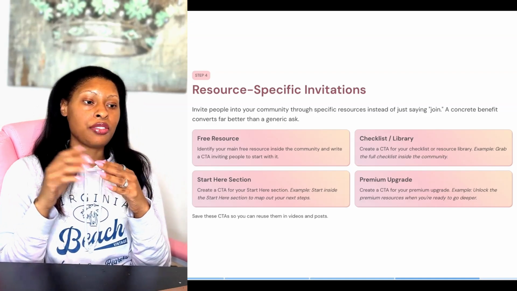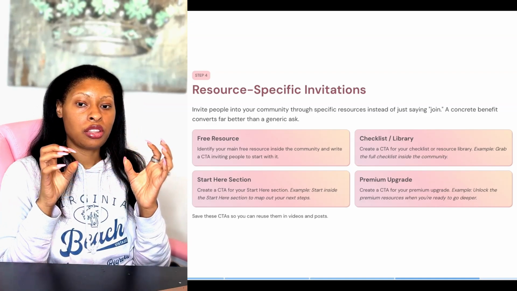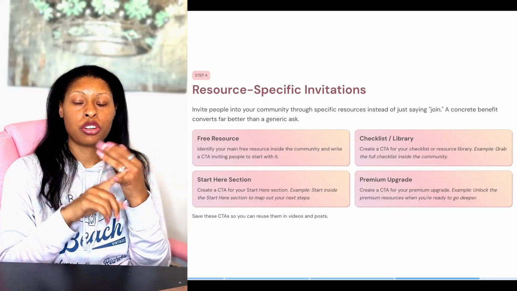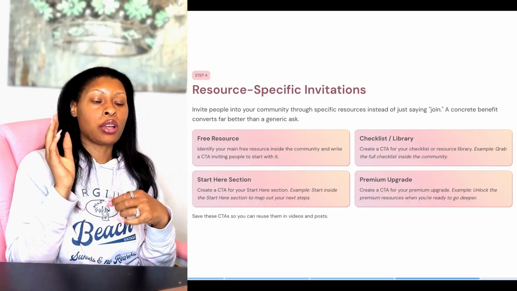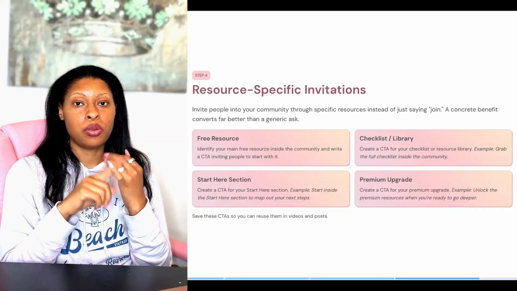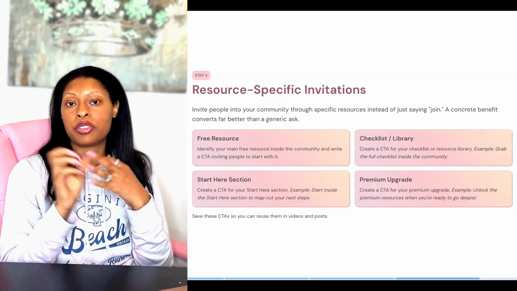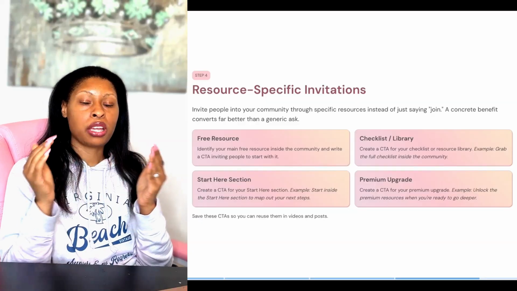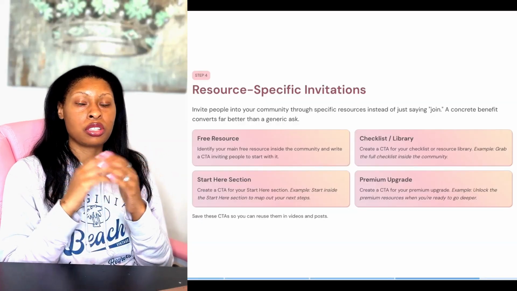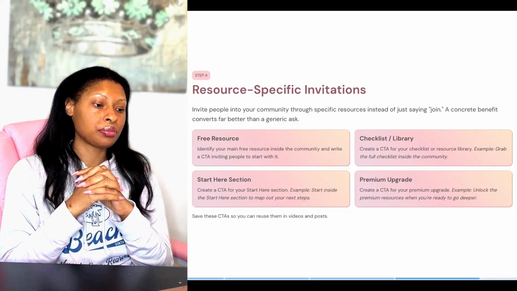Again, make your list. If you have followed along with the trainings that I have on starting your collab community, then you would already know what you have for free, what you're going to have for paid, if you're going to have a paid tier, etc. And just break all of those down, I'm telling you, is going to save you time in the long run.